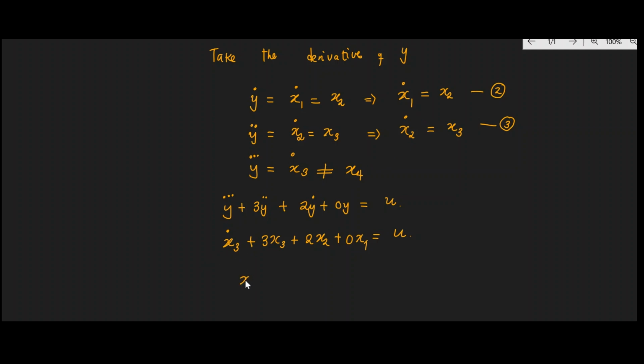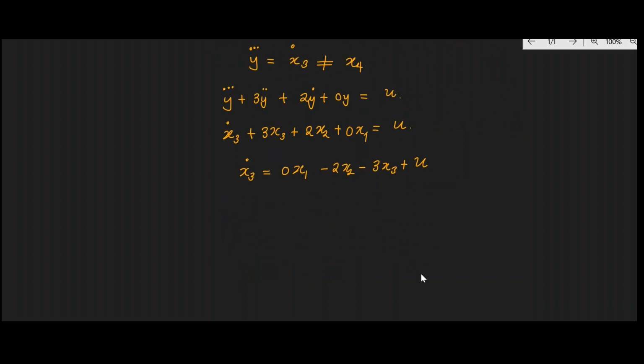So x3 dot is equal to, now the order of arrangement of this, start with x1, then x2 and then x3. You're going to see in a moment why I'm doing that. So if you move 0x1 to that side, you can't say negative 0x1, just 0x1, it's the same thing. So this is 0x1, and then you have negative 2x2 minus 3x3 plus u.